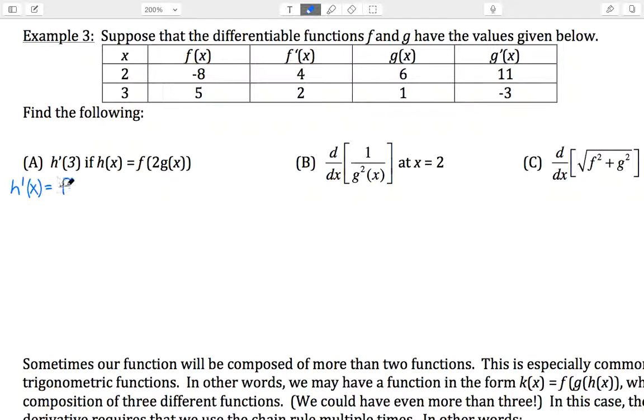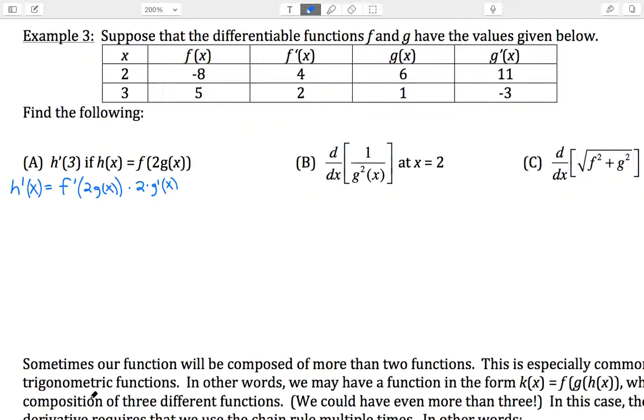Derivative of the outside with the inside still in it, times 2 times g prime of x, the derivative of the inside. The inside is 2g of x, and the derivative of 2g of x is 2g prime of x. Are you guys okay with that, or do we need to do it with u's?